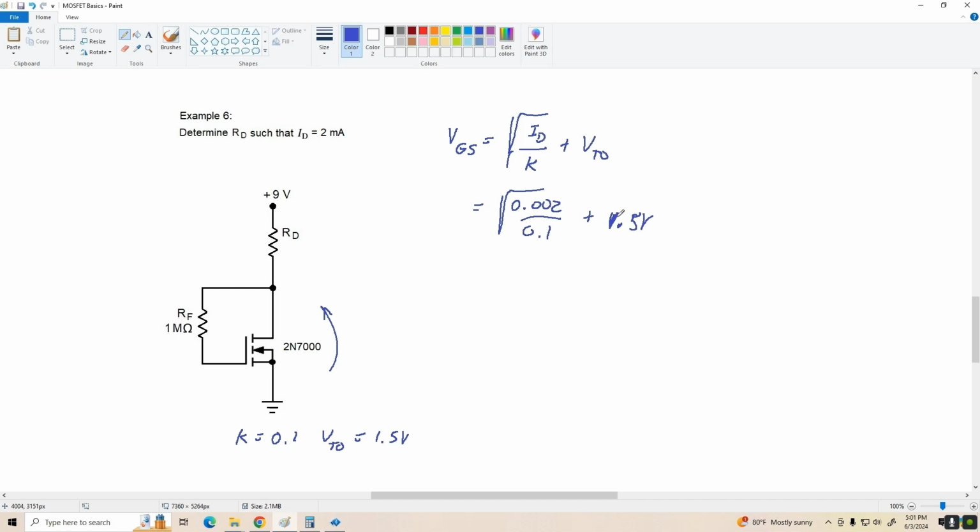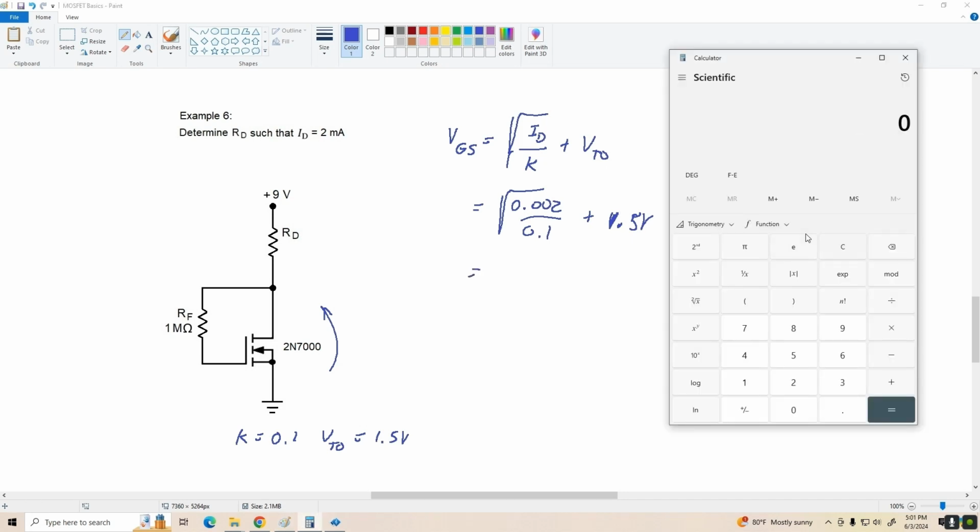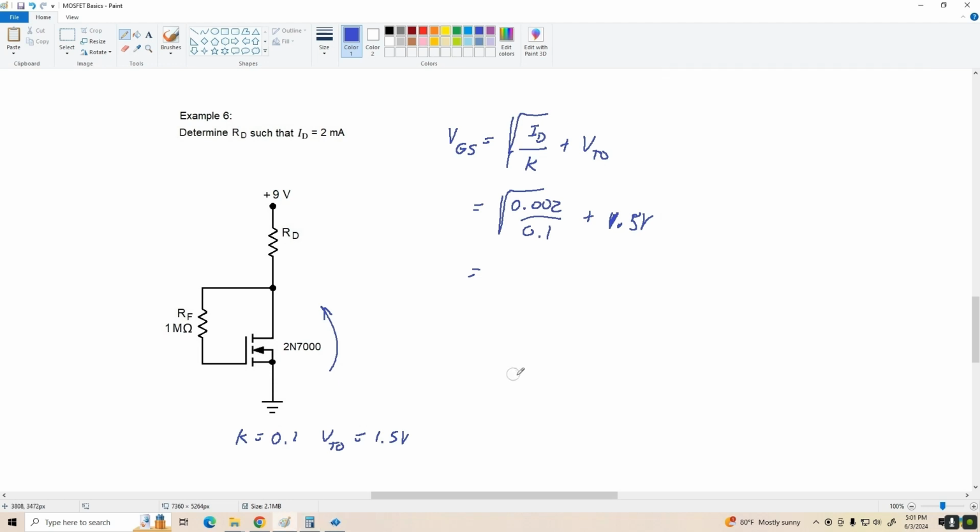A little messy again, and let's see what we come out with here. We've got the square root of 0.002 divided by 0.1, plus 1.5, is about 1.64 volts. So we require 1.64 volts, and that's also going to be VDS, 1.64 volts.